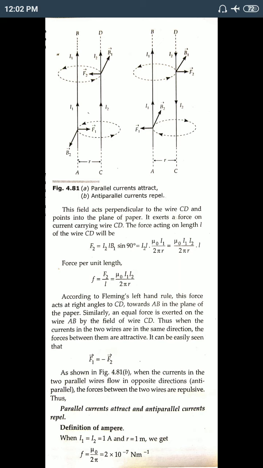So r equals 1 meter, so we get the force per unit length, small f, equals mu 0 by 2 pi times I1 I2 by r, which is mu 0 by 2 pi, that equals 2 into 10 to the power minus 7 Newton per meter.